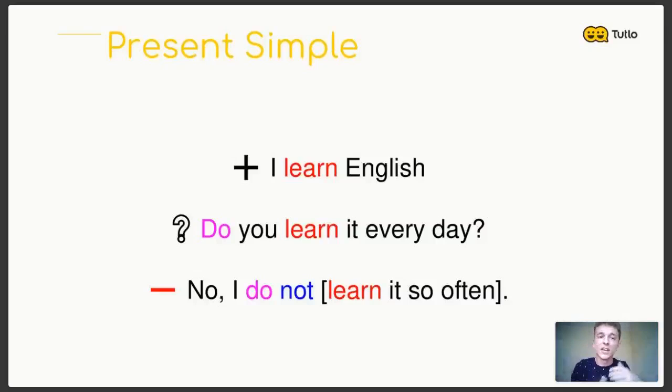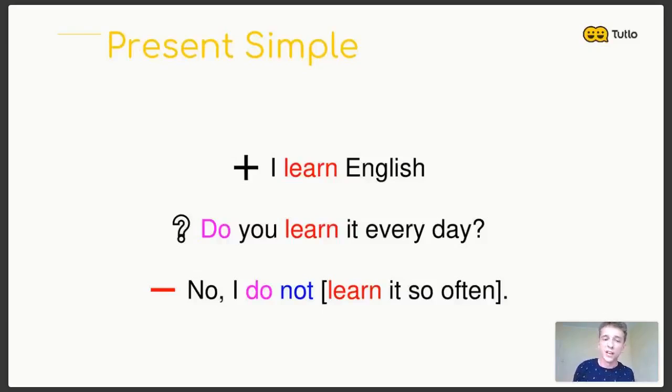If we make questions, we use do or does, depending on the subject, but I will clarify it later. And when we want to use the negative form, we use do not or does not, so don't or doesn't after the subject. So this is the difference. Here you've got: I learn English. So it's something regular.